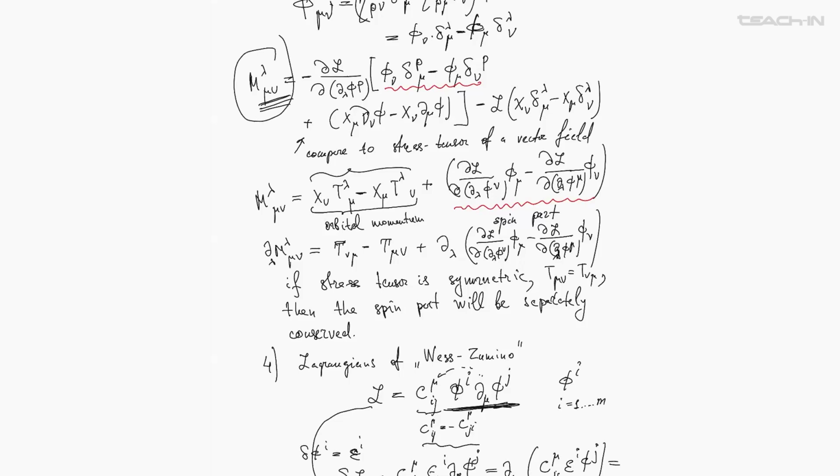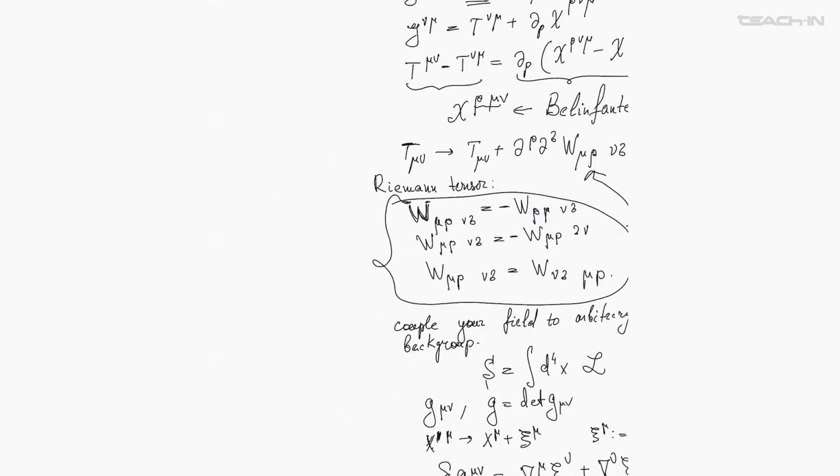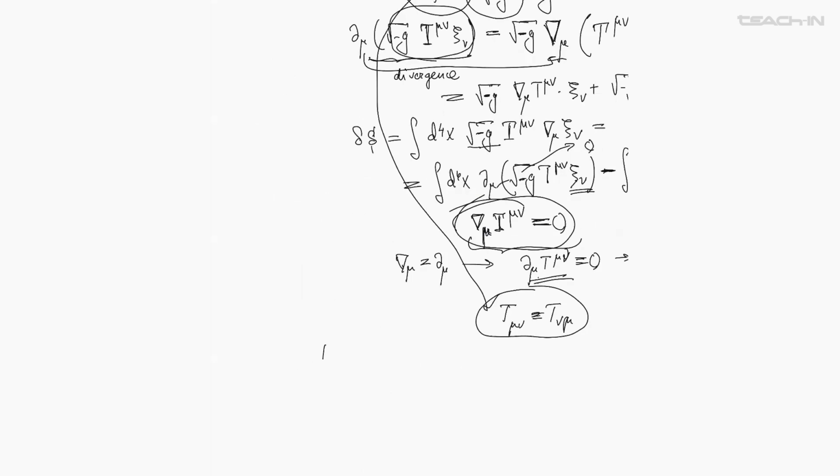The point which I would like to stress here is the following. The tensor of angular momentum, as well as the stress energy tensor, are objects which are tensors. So T mu nu, and M lambda mu nu, these are tensors.